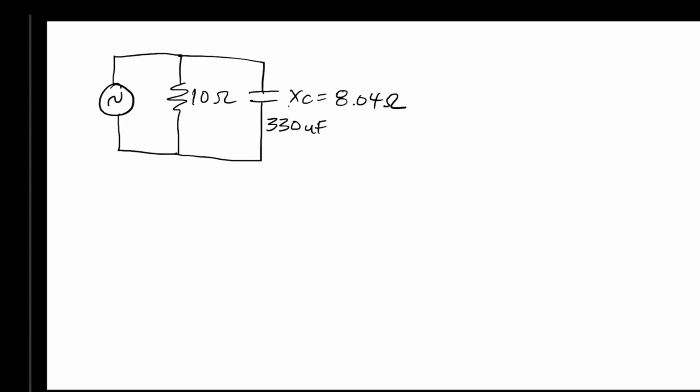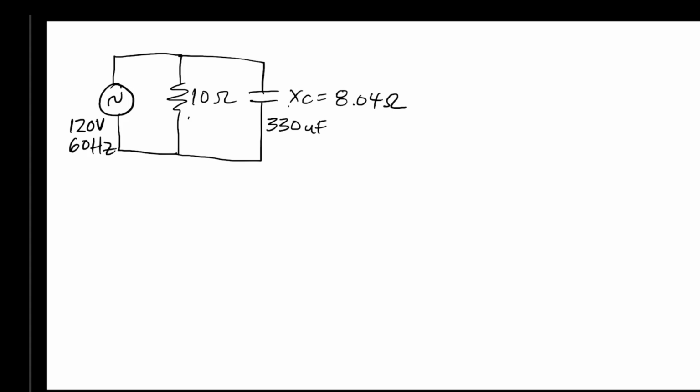Going forward with a parallel example, a common approach is just to go directly to current, and I'll show you how through current you can come up with everything you're looking for in parallel. So don't forget this applied voltage is 120 volts, 60 hertz.